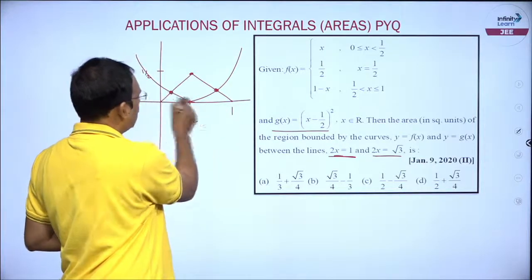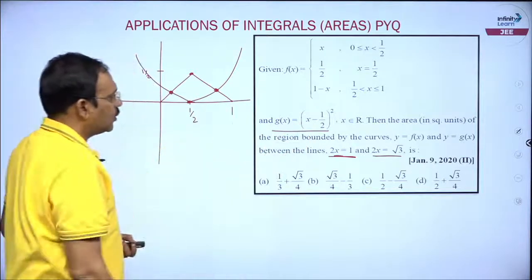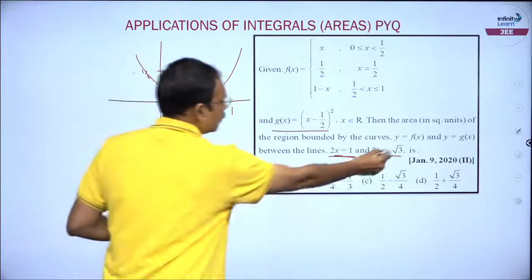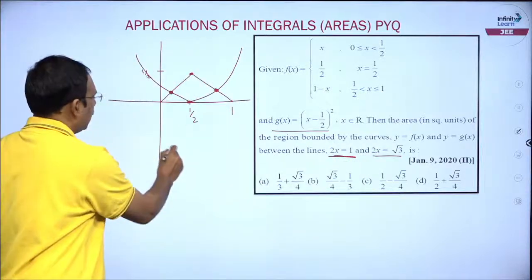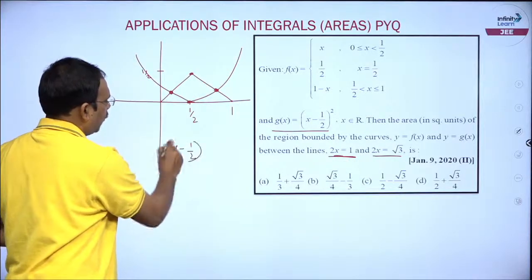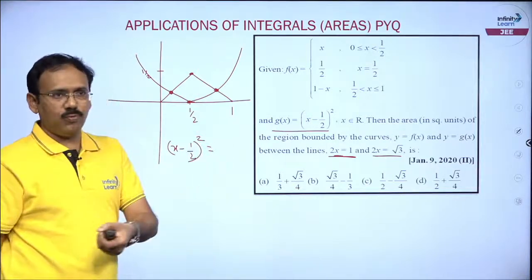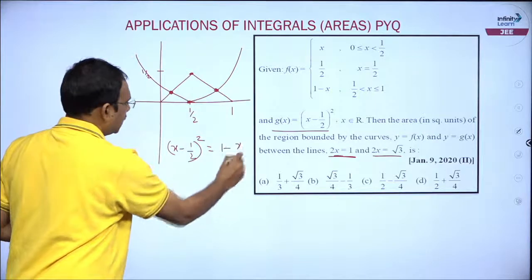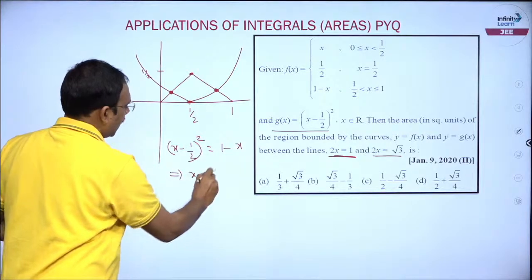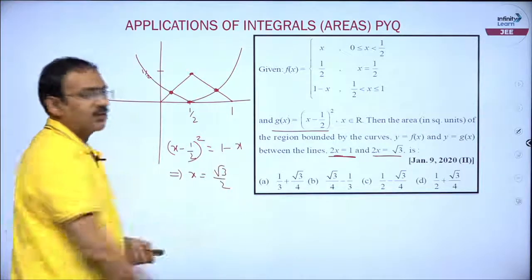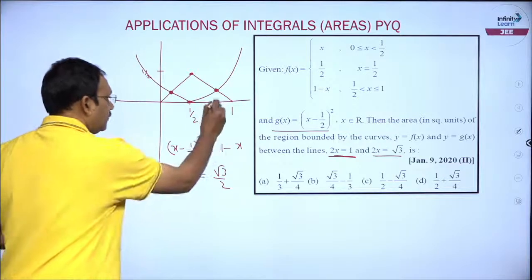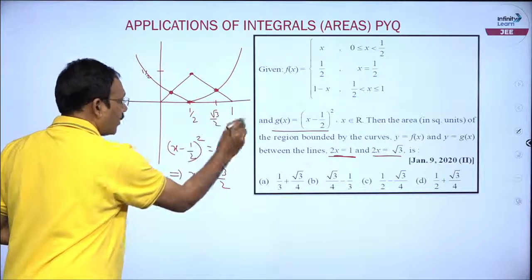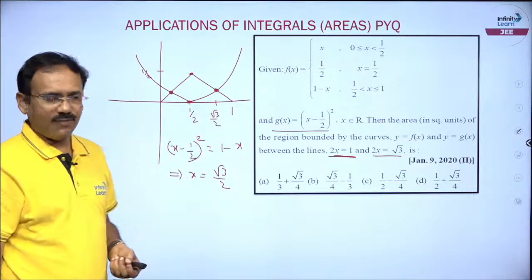So, I do not want the right side of this, you can just observe x is equal to root 3 by 2. You just solve x minus 1 by 2 whole square, this is going to be equal to this curve, 1 minus x. You just solve, you will get x is root 3 by 2 as one of the roots. So, this is the point where they are going to intersect. Okay dear friends.